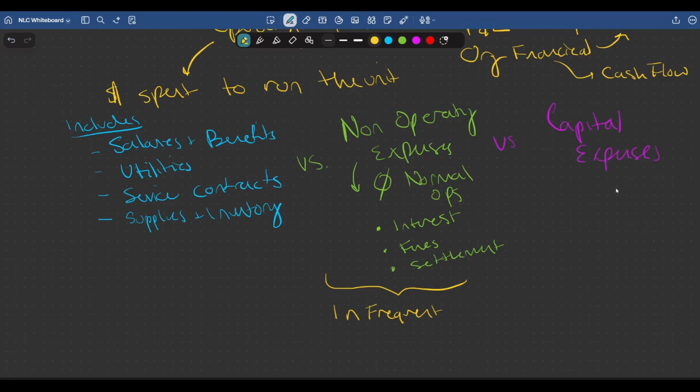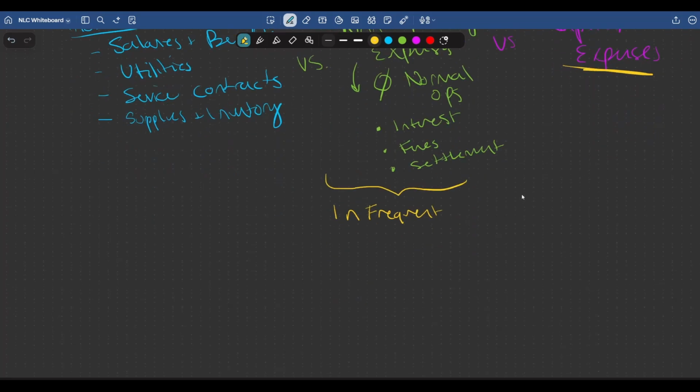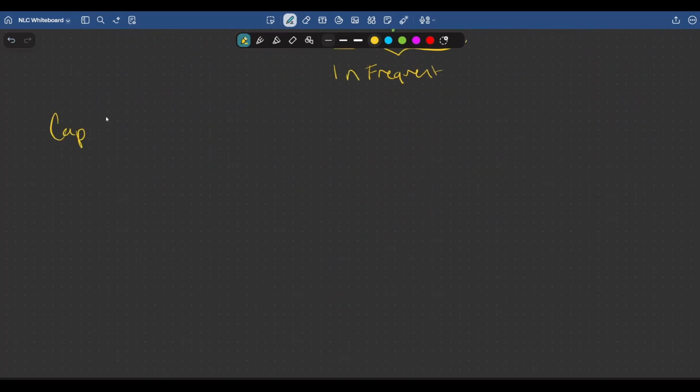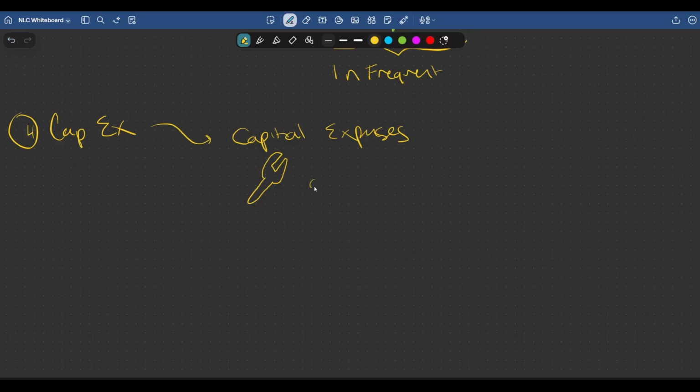And then there's capital expenses, which are also called CapEx. Again, just a shorthand term for capital expenses, which are also expenses, but these we consider investments into durable equipment, my really bad drawing of a wrench, or real estate, or other large assets.